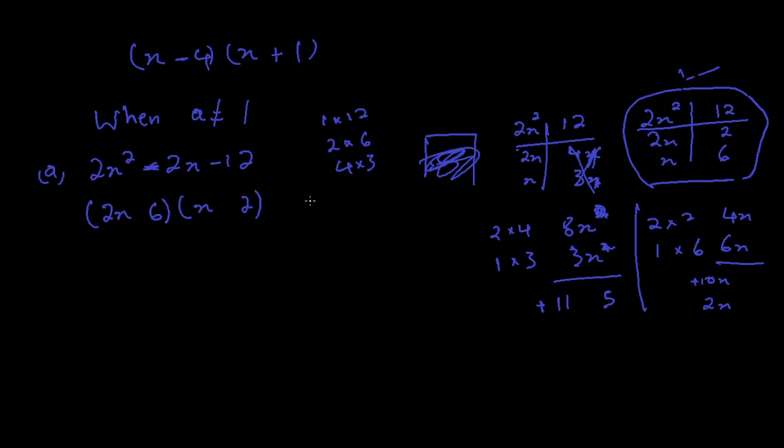Then when it comes to putting in signs, since it's negative here, remember the rule that I taught you above: the bigger number gets the sign of the middle term. So since here 6 is bigger, I'm going to give the negative here, then I'm going to give this a positive.